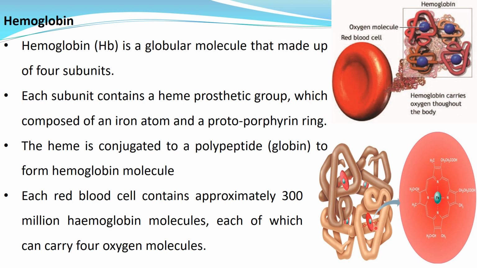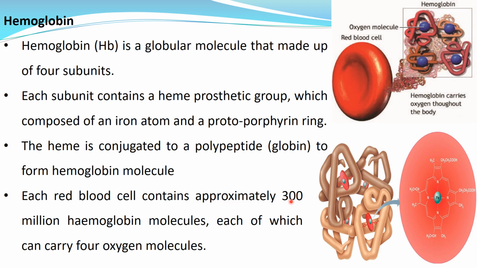So they form a hemoglobin subunit. So what we have is a heme and a globin. They form what? They form a hemoglobin subunit. So when 4 hemoglobin subunits combine, they form what? They form a complete structure of the hemoglobin.